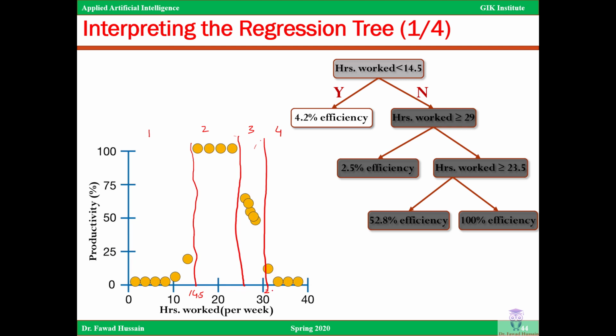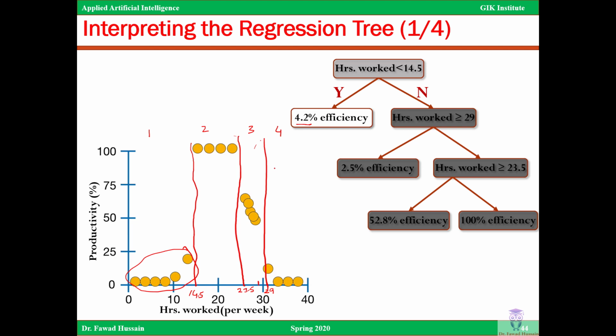Assume this is 29, ideally it should be somewhere over here, and then this is 23.5. So if the hours worked is less than 14.5, we are talking about this region. In this region we have calculated in some way a representative of this data, and that representative happened to be 4.2%.